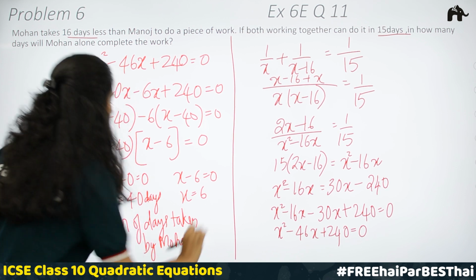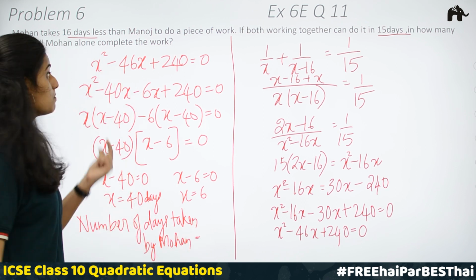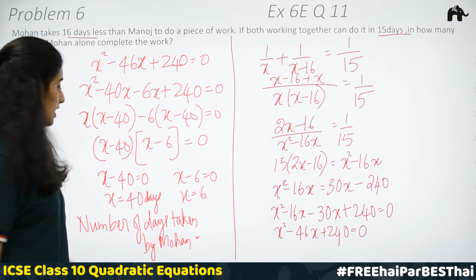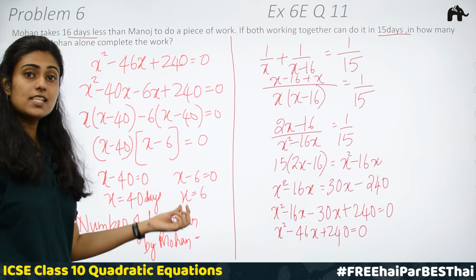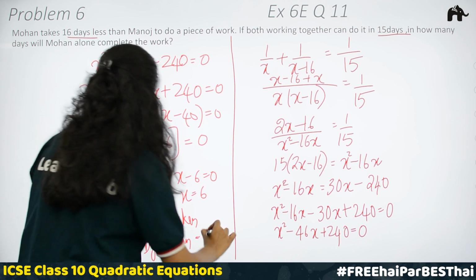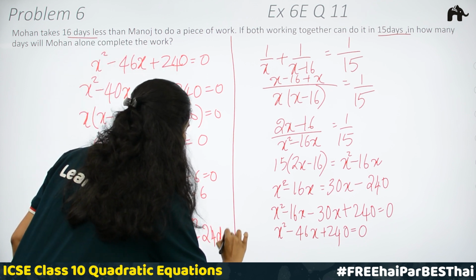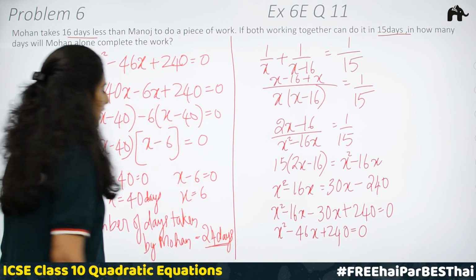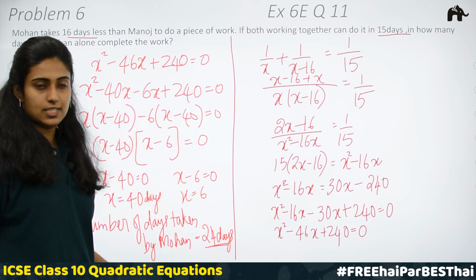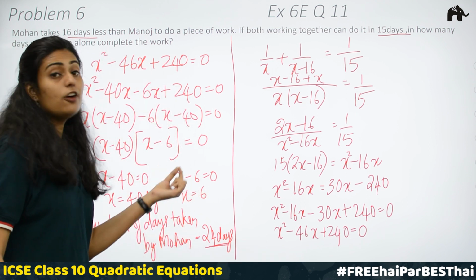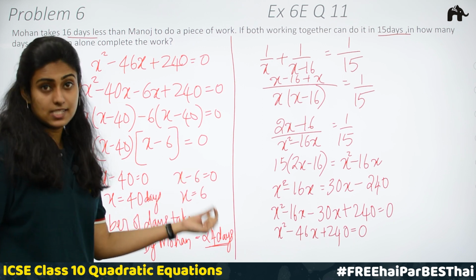That will be equal to x minus 16, that is 40 minus 16. 40 minus 16 is 24 days.